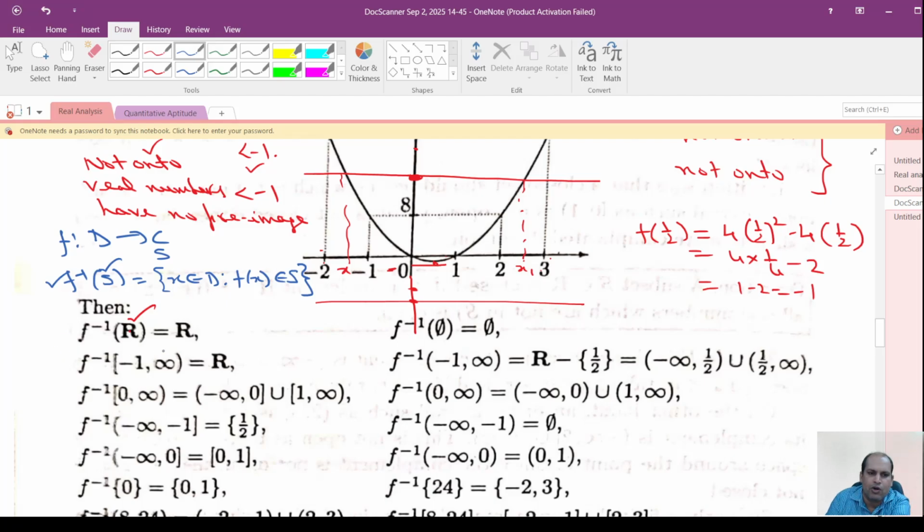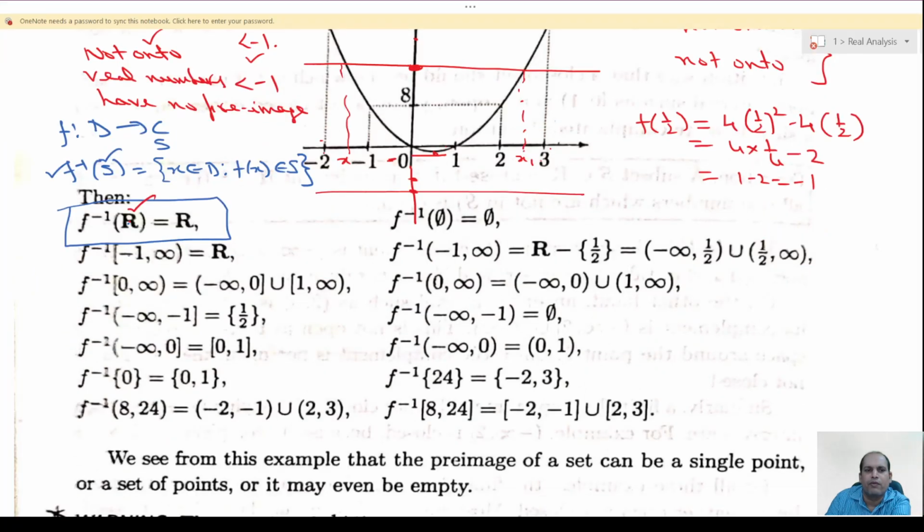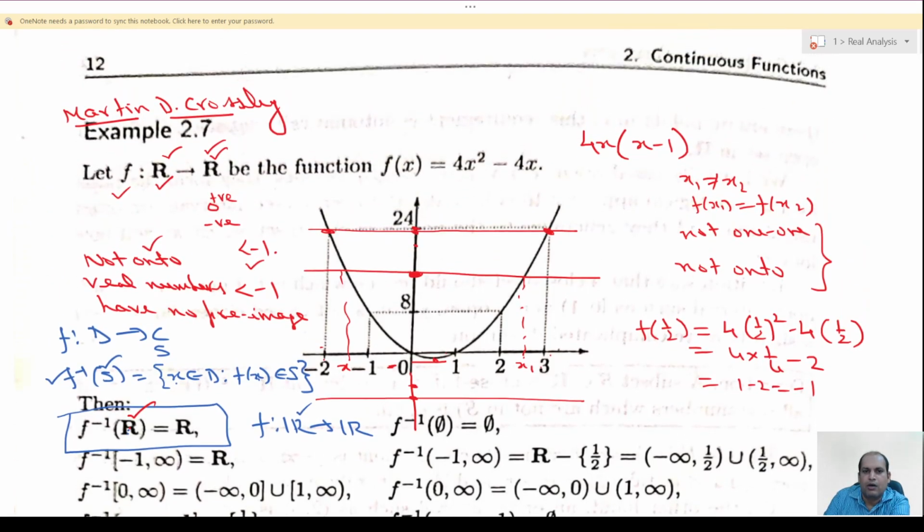So let us check why f inverse of R is whole R. In place of S we have the set of real numbers. By definition we need to look at all those members from the domain. The mapping is from R to R in this case. So I need to collect all those x such that the image of x is within this set R. Which elements map into R?